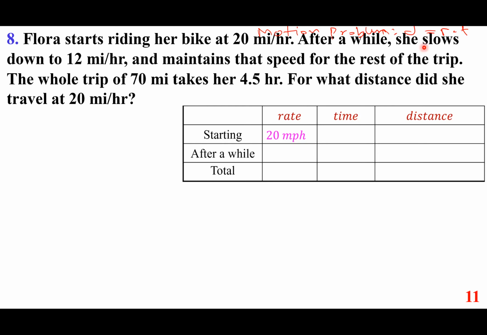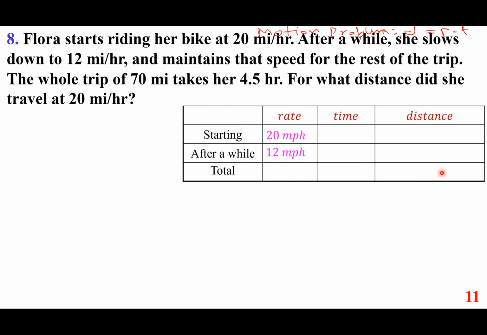After a while, she slows down to 12 miles per hour. So we change the speed, the rate. And we keep it up for the rest of the trip. The whole trip of 70 miles. See, we are going one by one. So where does this go?